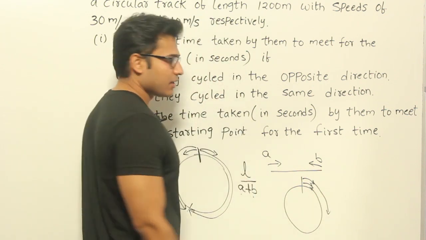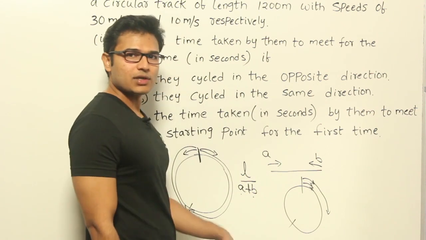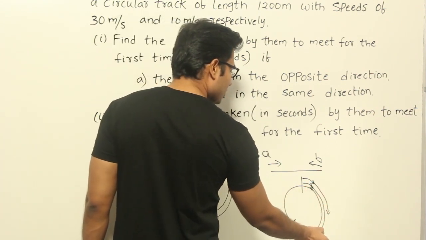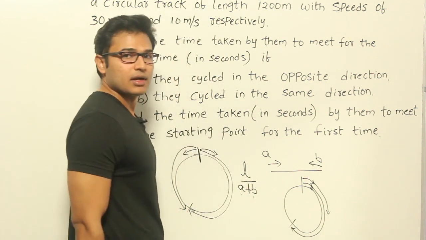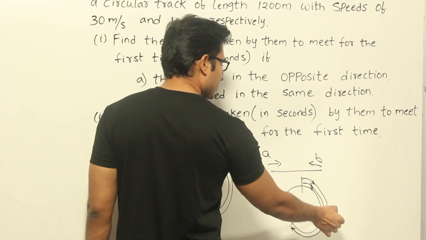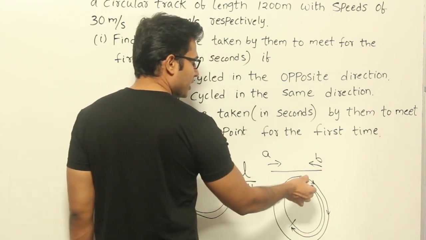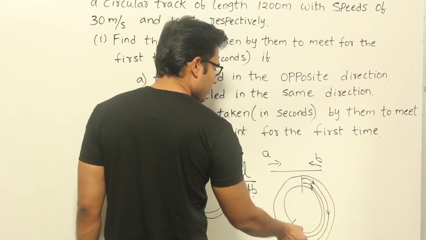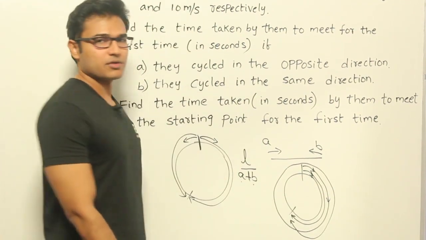Therefore, if they are going to meet at some point, then the slower one might have reached that point, and by that time the faster one might have covered the entire track and then reached this point. If you observe it, the faster one would have taken one more round.